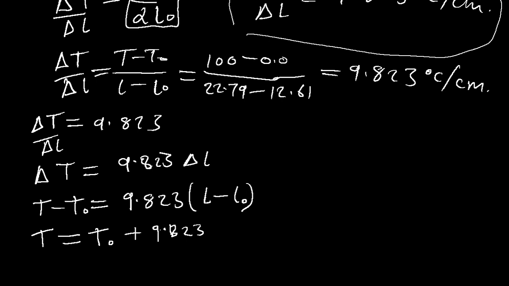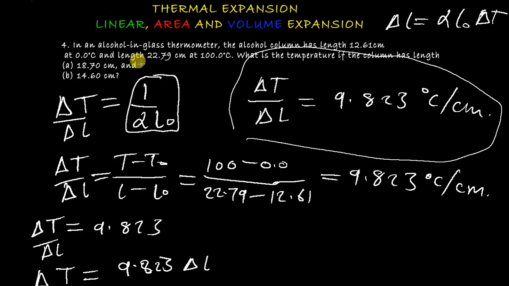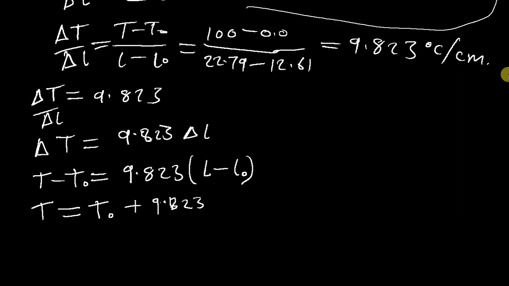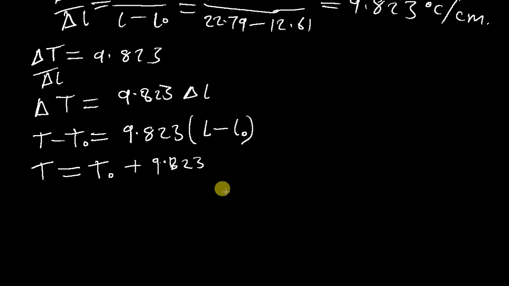So the L final, because they're asking us what is the temperature if the column has length this. So the L final, you consider it to be this one here, 18, and then the L initial you just get the normal L initial. So the L final is 18.